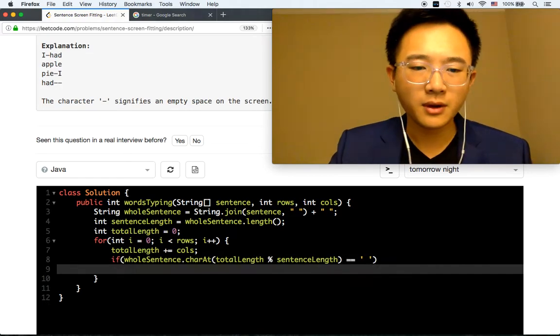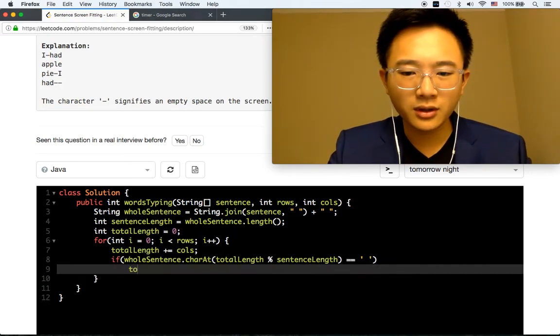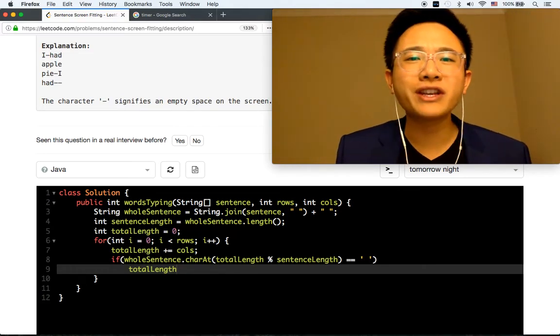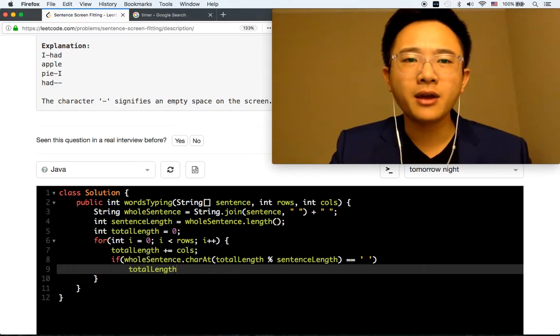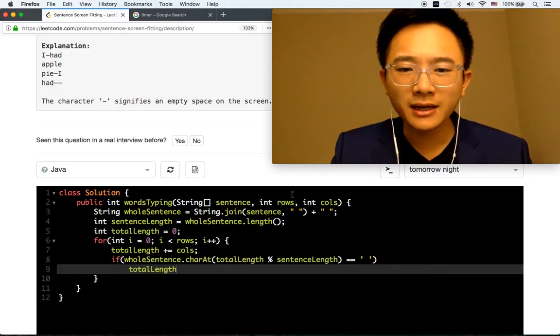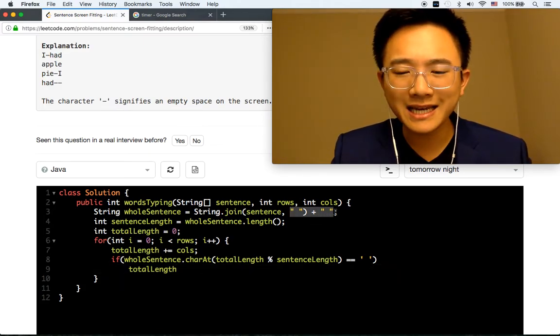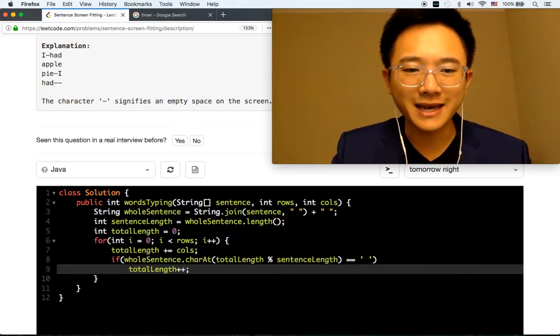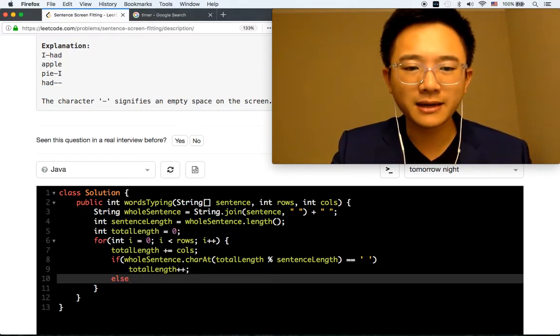So we are going to increase length because it means that now we reach the end of the row. But since we append space to the end of the sentence, we need to plus plus to compensate the loss of the space.